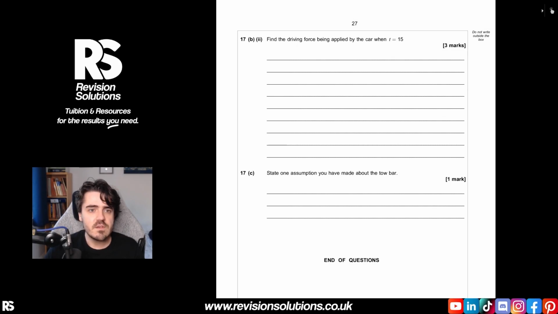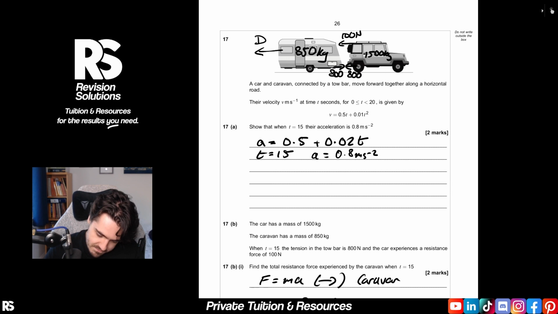17b part 2 then says, find the driving force being applied to the car when t equals 15. So if you go back to the diagram, if this is accelerating to the right at 0.8 meters per second squared also, then there must be a driving force, like they say, acting on the car. So we can do a similar calculation for the car now.